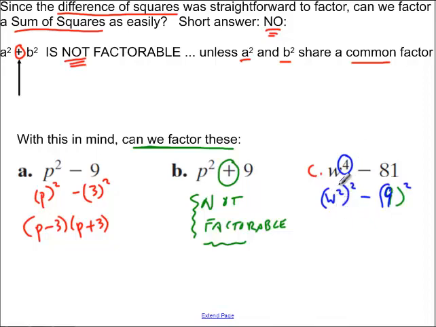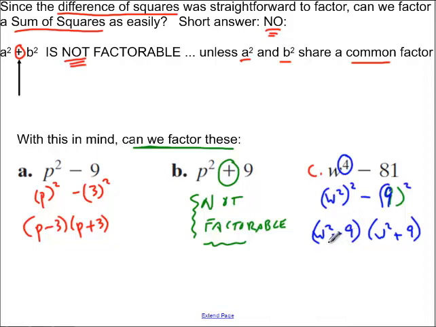So here's our a term, here's our b term, and we now rewrite as a minus b times a plus b. So that's w squared minus 9 times w squared plus 9. And we're done, right? Or not. Anytime you factor something like this, especially with a w squared left over, take a look and ask, can we factor that one?